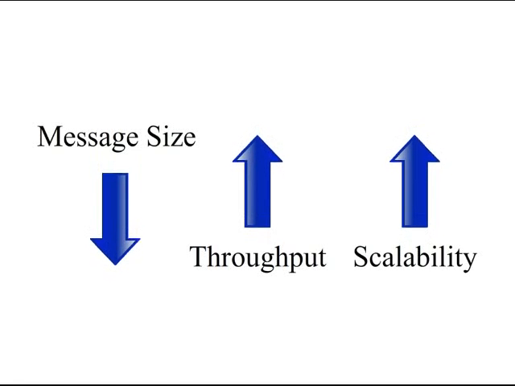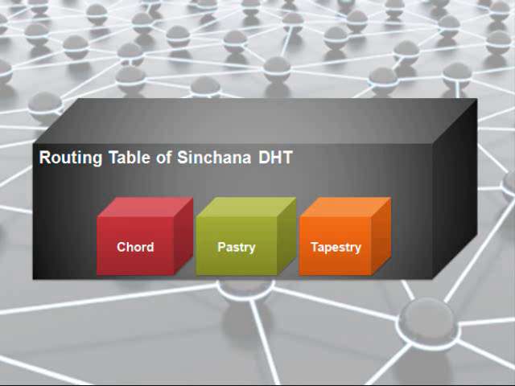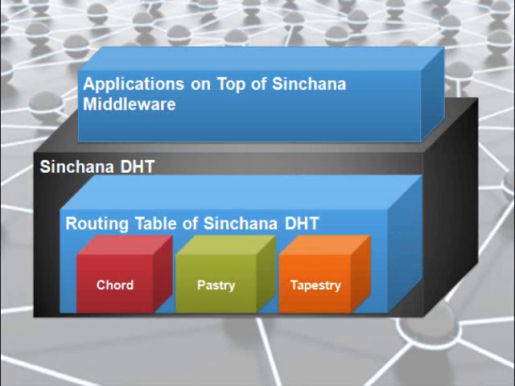The Sinchana distributed hash table is implemented with three DHT routing algorithms, similar to the existing Kademlia, Tapestry and Pastry. There will be a plug-and-play interface to select which algorithm will be used in the distributed hash table. With this interface, developers have the chance to test any of these algorithms under the same communication framework.